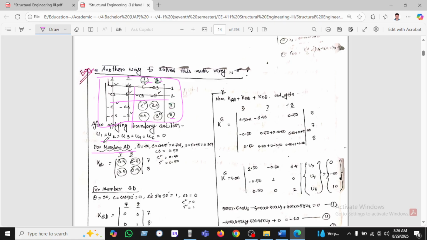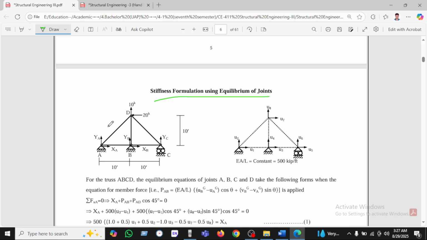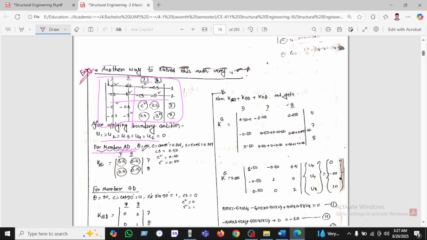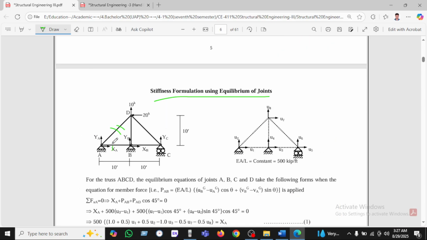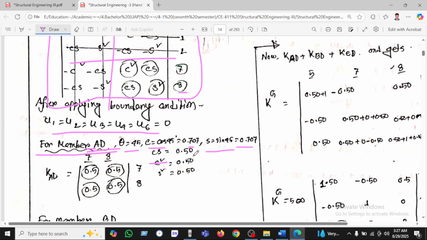After applying boundary conditions, we look at member AD. Theta we found is 45 degrees, measured from the horizontal. C equals cos 45, which is 0.707, and S equals sin 45, which is 0.707. CS equals 0.707 into 0.707, which is cos 45 into sin 45, and we found 0.50.